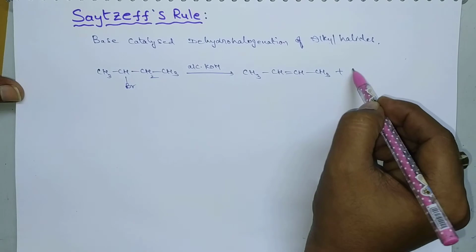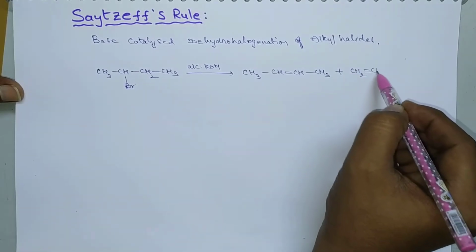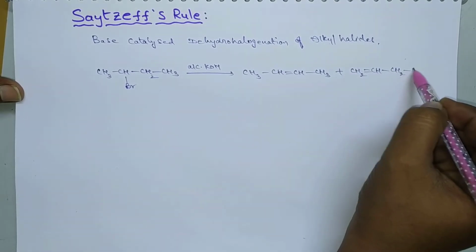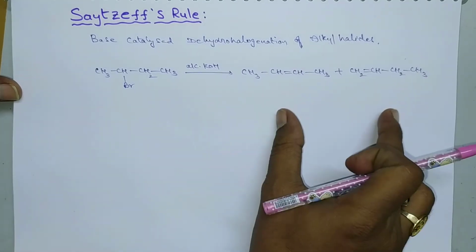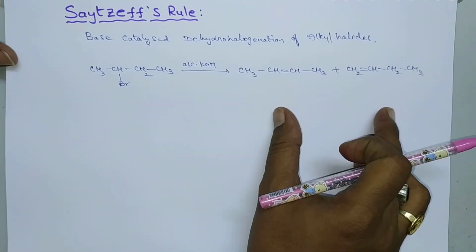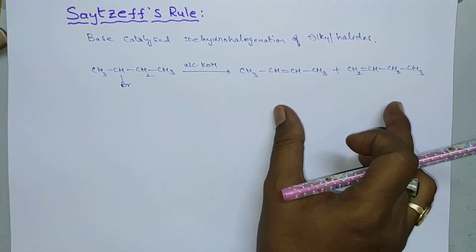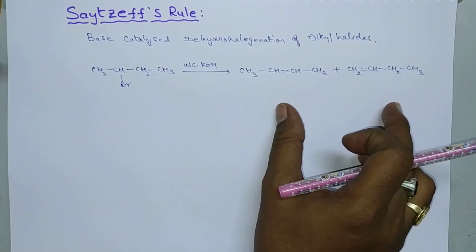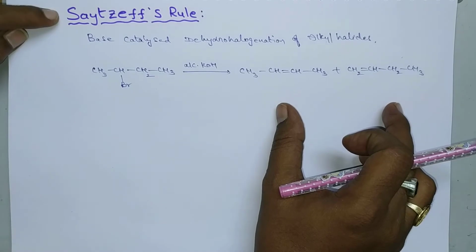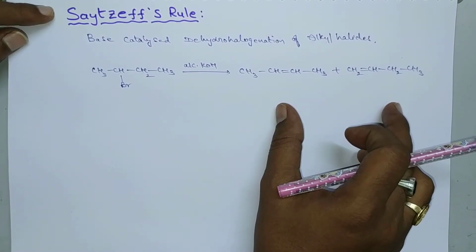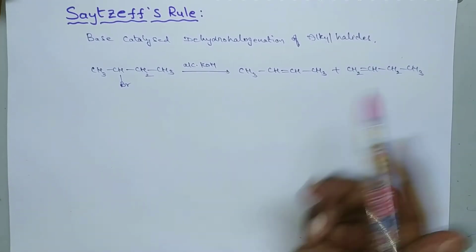This is one product and this is another product. Between these two products we have to check which one is the major product. The major product can be given by Saytzeff's rule. Now let us check the mechanism.